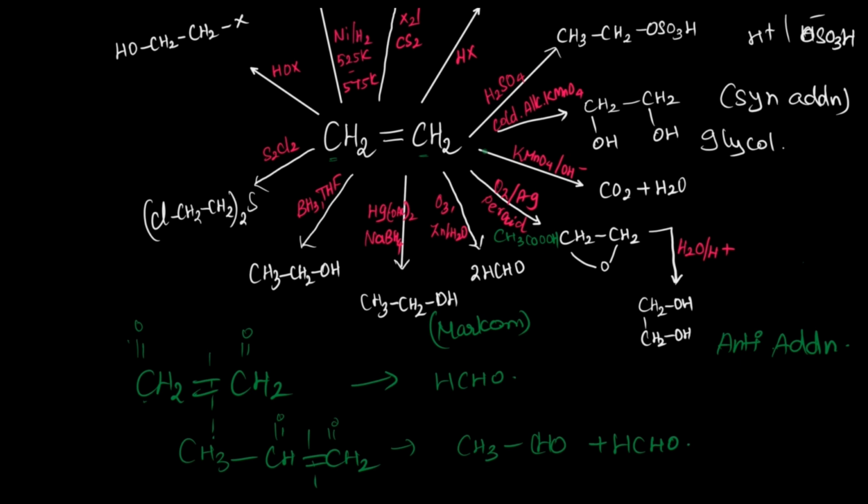The next important reaction is hydroboration followed by oxidation with BH3 or B2H6, whichever the dimer also can give, with THF as a solvent, which leads to the formation of alcohol, but here it follows anti-Markovnikov.